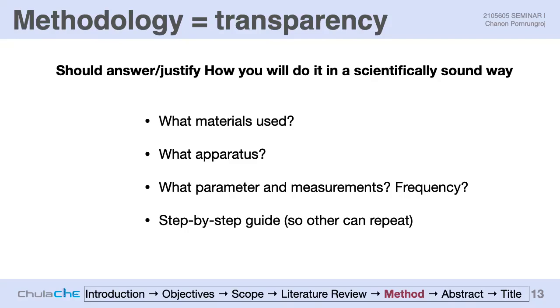When people read your methodology, they should be able to get exactly what you reported. So be thorough when you write a methodology, right? For example, what material used, what apparatus, what parameters, measurements, what frequencies you want to measure. So it's basically a step-by-step guide so other people can repeat.